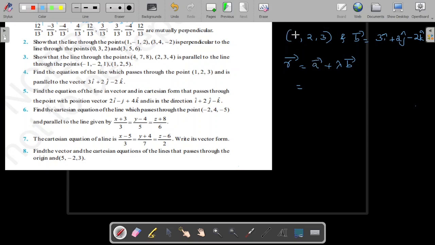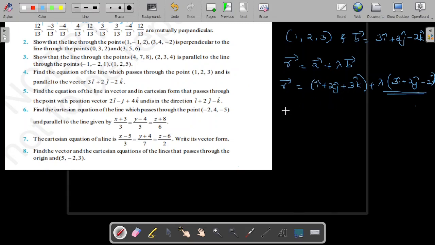When a point is given, its position vector is given by the x component into i cap plus y component into j cap plus z component into k cap. So i cap plus 2j cap plus 3k cap plus lambda into b vector, where b vector is 3i cap plus 2j cap minus 2k cap. So this is the vector equation. The position vector of any point on the straight line is given by this.